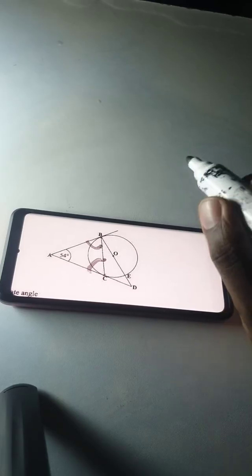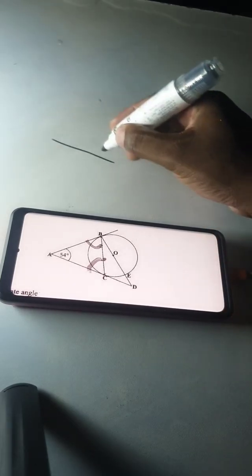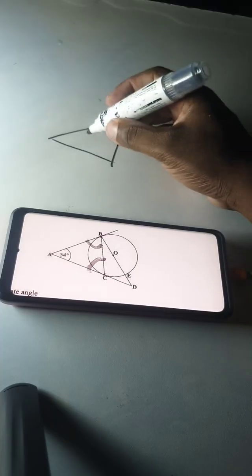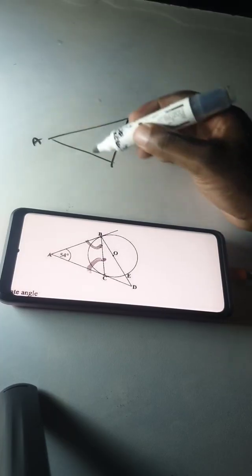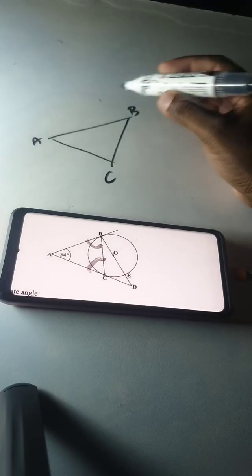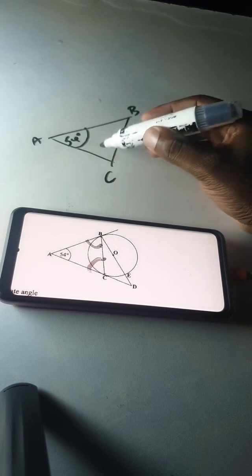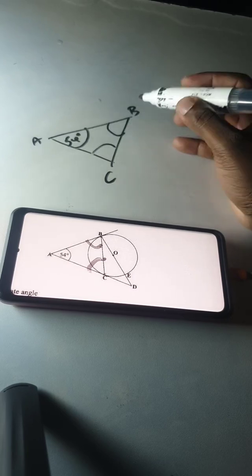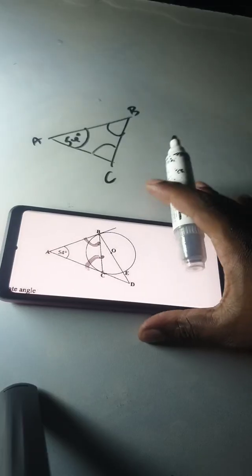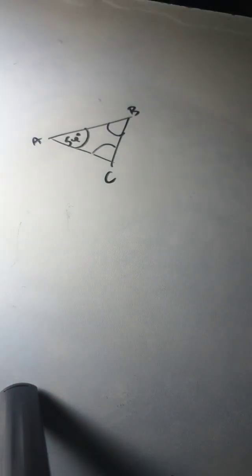If that's the case, then I'm going to have something like this. I'll have A there, C there, B there. Then the angle that we have there is 54 degrees. So if this angle and that angle are equal, and we have a triangle, the interior angles of a triangle add up to 180.